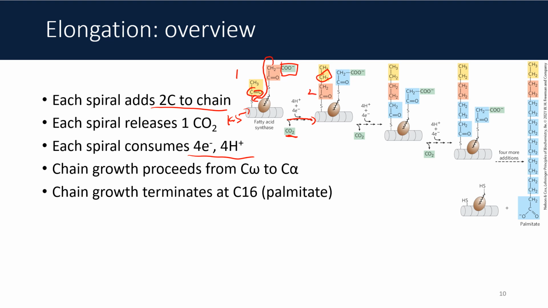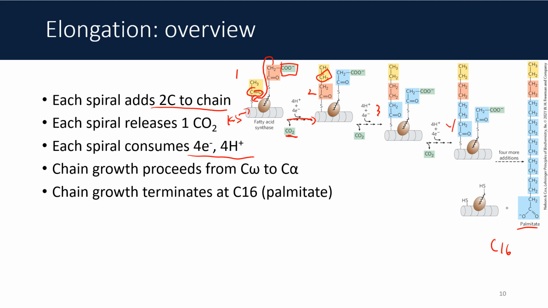And then we're going to repeat the process 3, 4, 5 times and so on, starting with the blue one, which gets put over there, and then another blue 4th one. And then we're going to repeat this until we have a C16 fatty acid, palmitic acid.